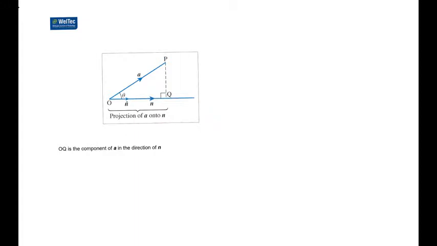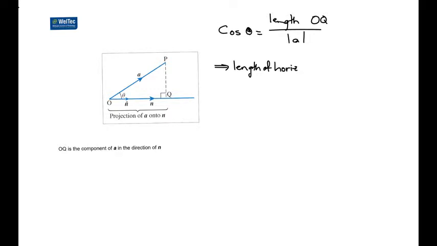So what we could say there is that cos theta is equal to the length of OQ divided by the length of vector A, so that the length then of the horizontal projection would be equal to the length of A cos theta.